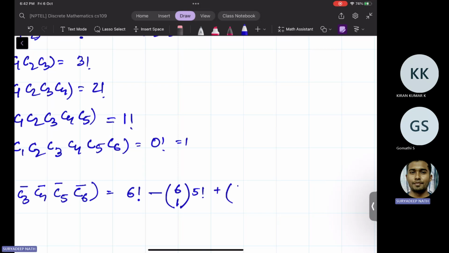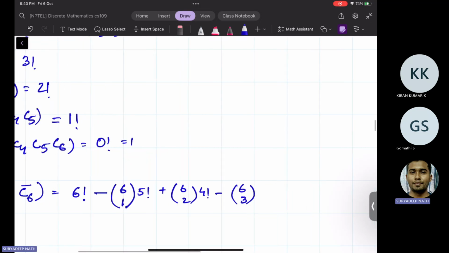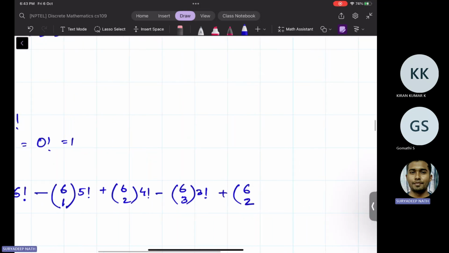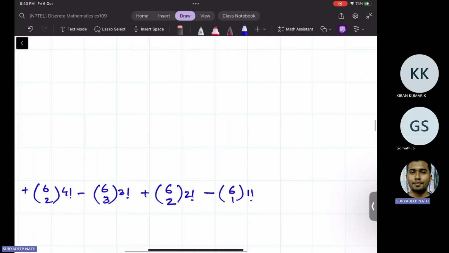Then we choose two people and give them their correct coats, 6 choose 2, 4 factorial. Next we minus 6 choose 3, 3 factorial, plus 6 choose 4, 2 factorial, minus 6 choose 5, 1 factorial, and plus 6 choose 6, 0 factorial.